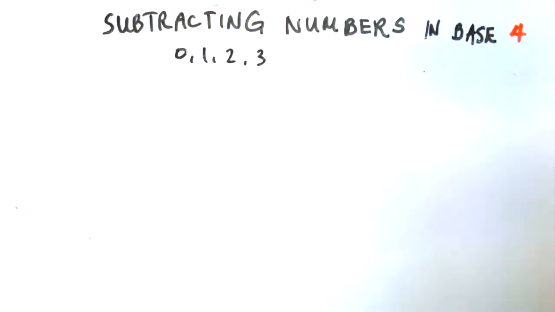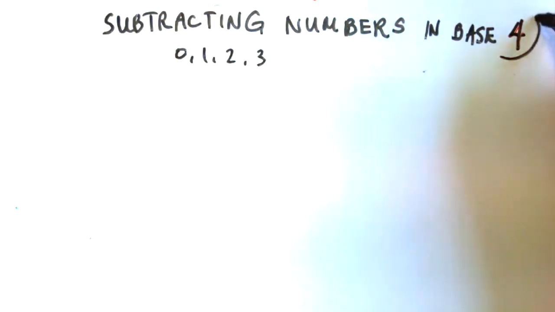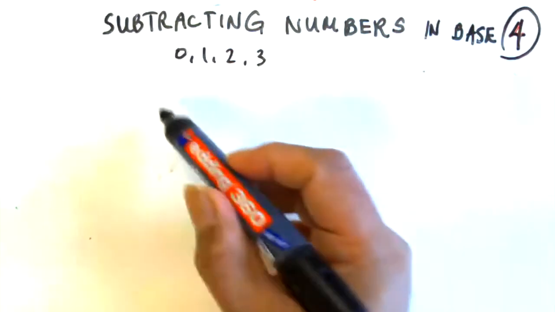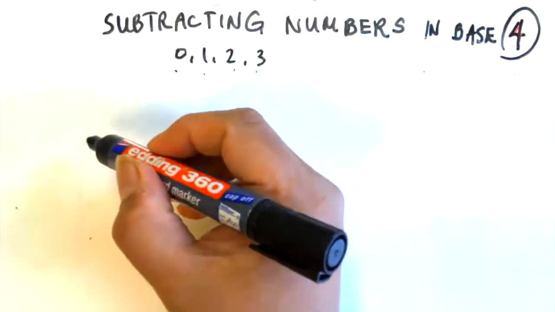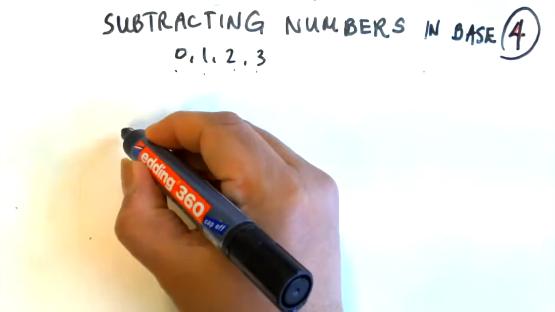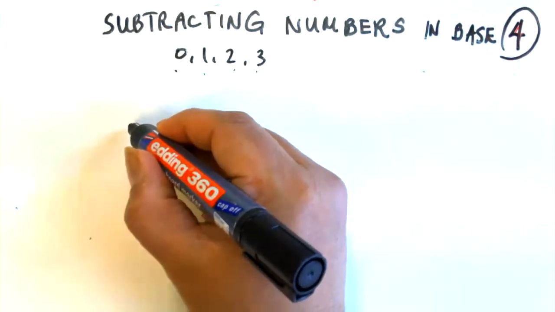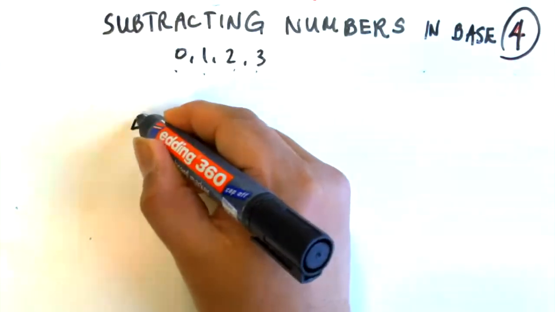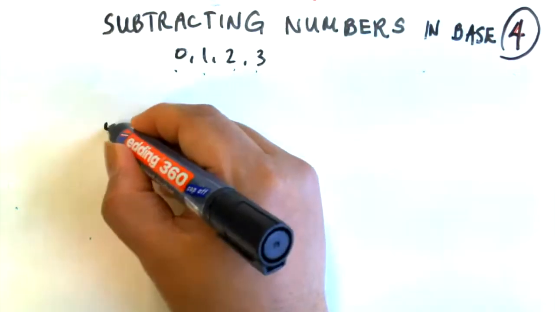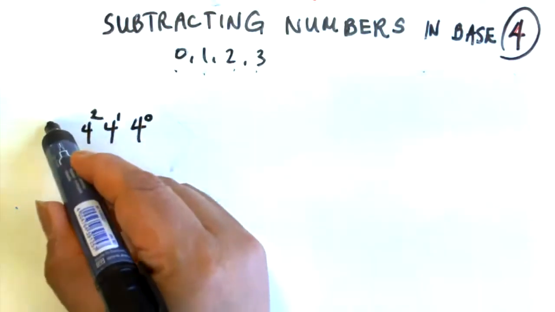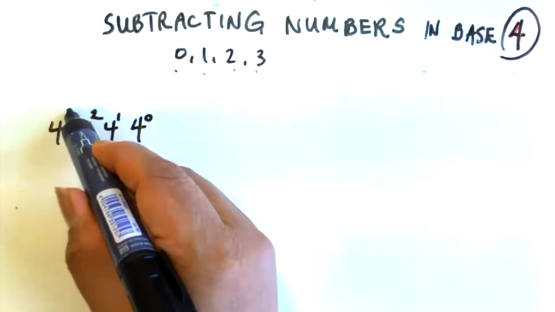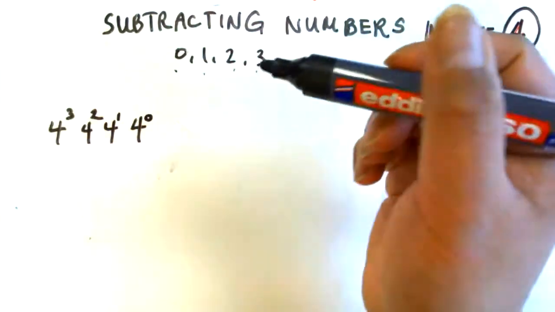Okay, today we're going to do subtracting numbers in base 4, and you are using 4 symbols in base 4, which are 0, 1, 2, and 3. So let's just get started. The place values in exponential form will be 4 raised to the power of 0, 1, 2, and 3.